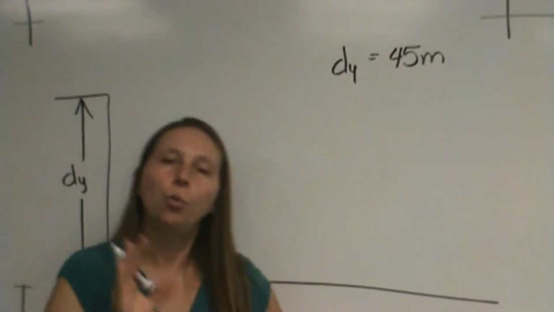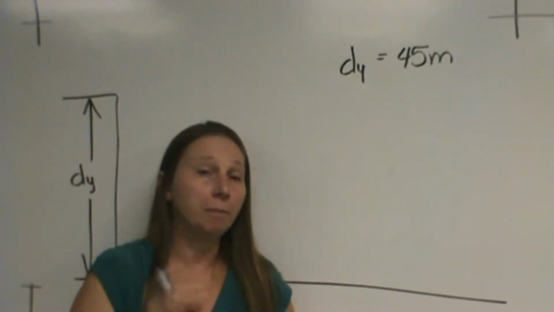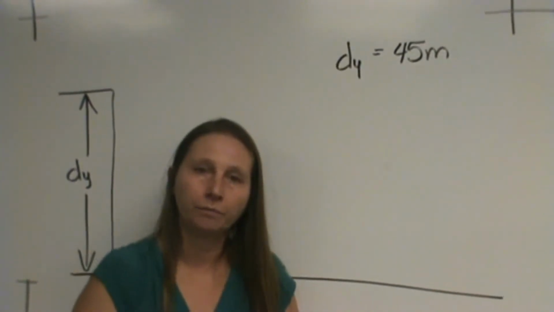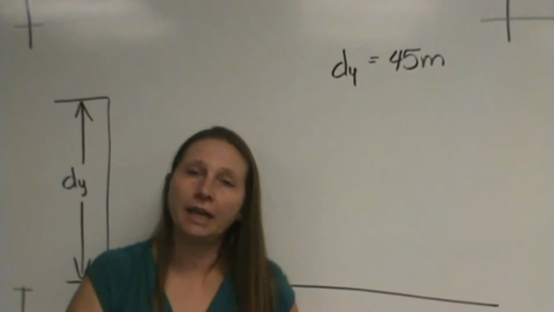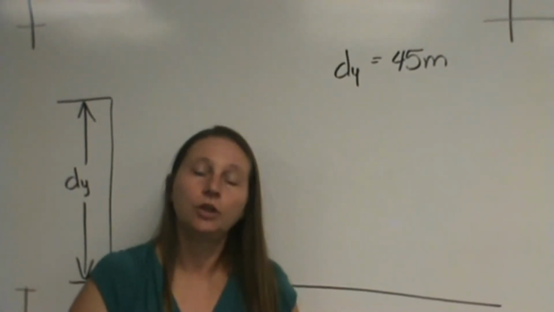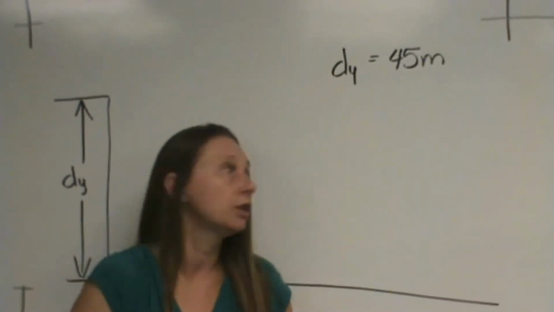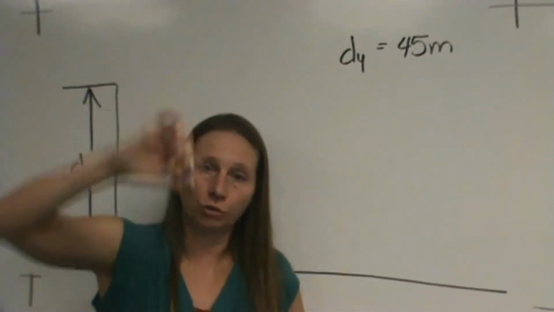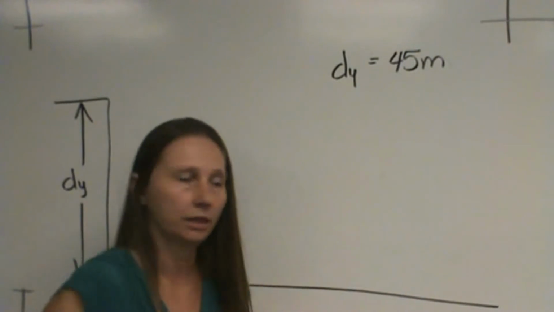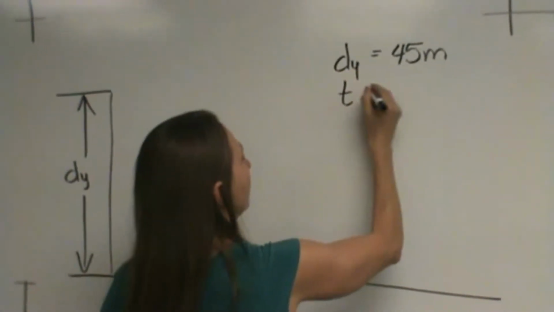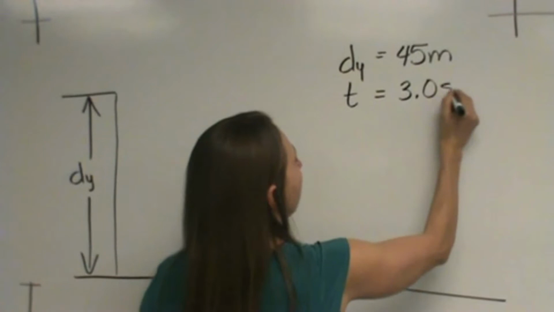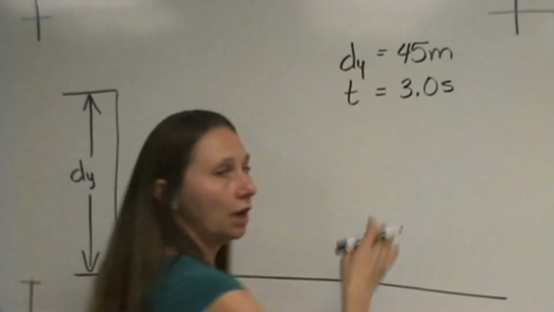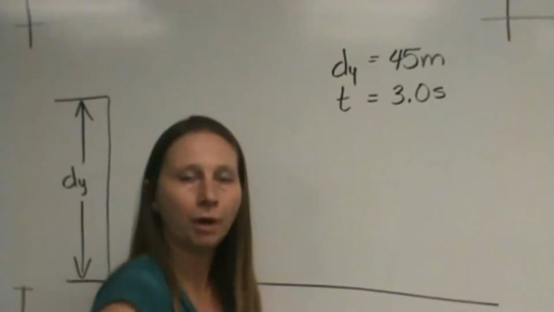Now, we know from the magic chart, and we know from calculations that we've done before, that it's going to take an object approximately 3 seconds to hit the ground from a height of 45 meters when it is either dropped or fired horizontally. So let's say that this is given. The time is 3 seconds. So far we've got the time to hit the ground, and we've got the height above the ground.